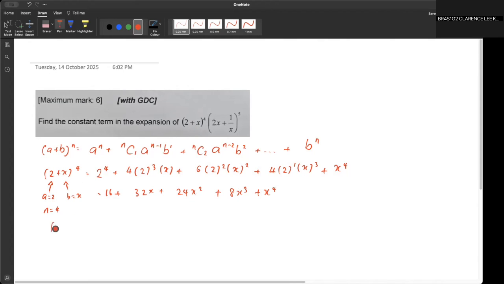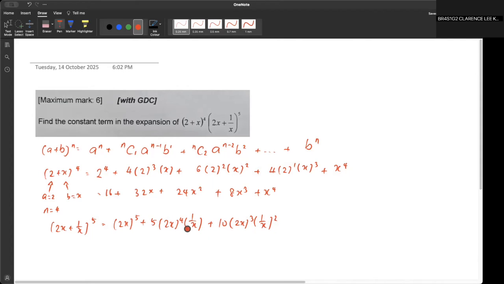Now we look at the second bracket, (2x plus 1 over x) to the power of 5. So we use the same formula to expand. So what we get here, first we get (2x) to the power of 5, then 5C1, so 5C1 is 5, followed by (2x) to the power of 4, 1 over x. 5C2 is 10, (2x) to the power of 3, 1 over x squared.